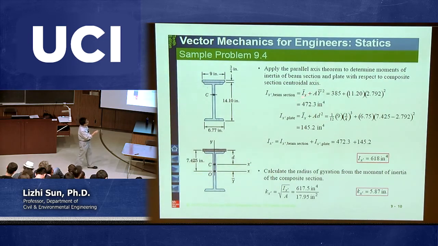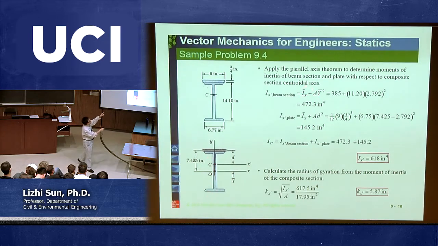But we know the moment of inertia of this second part with respect to this local x-axis, because this point O is a centroid for the second part. This is a centroid for the whole thing, but this point O is a centroid for the second part.